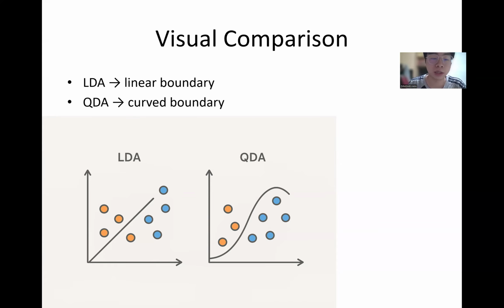Visually, on the left you can see LDA is a straight line that can divide the two groups well. And on the right is a curved line, and it's QDA. So the LDA boundary is straight, and the QDA boundary is curved and flexible.